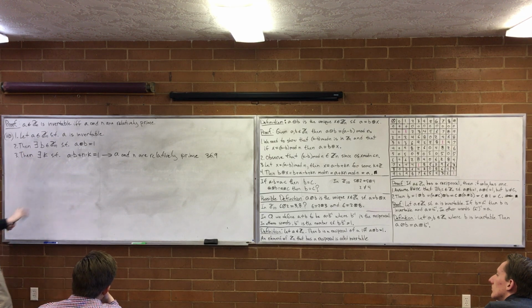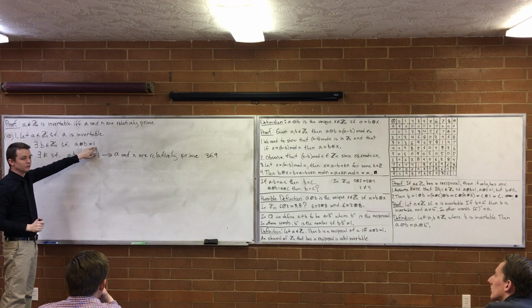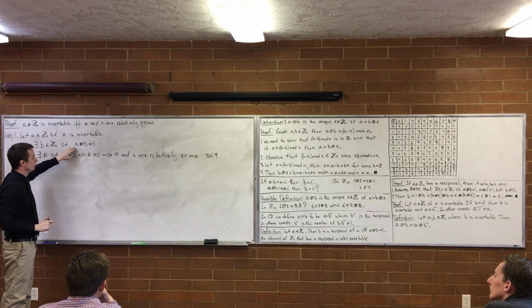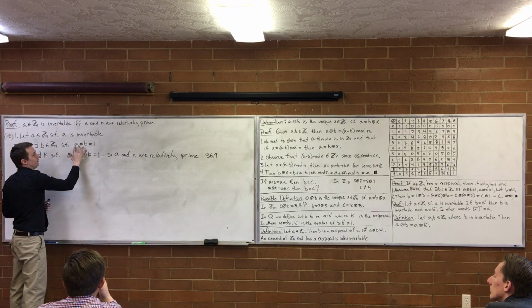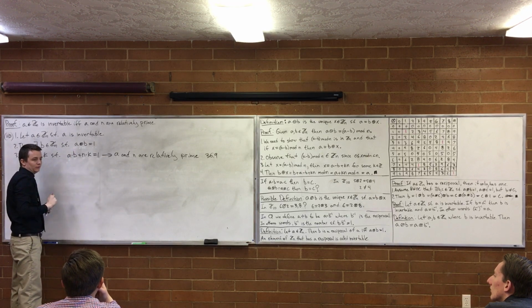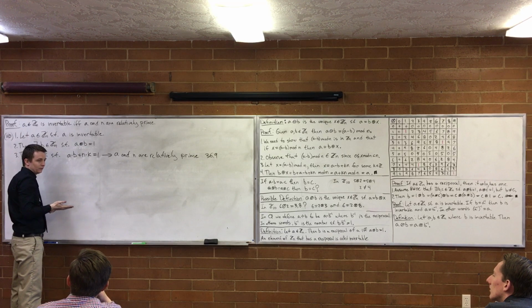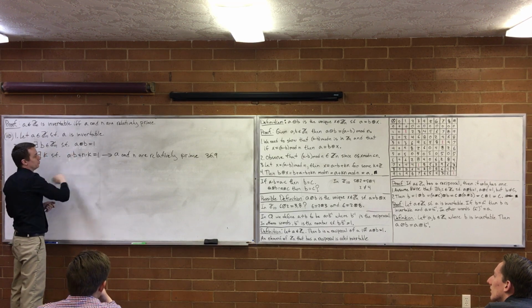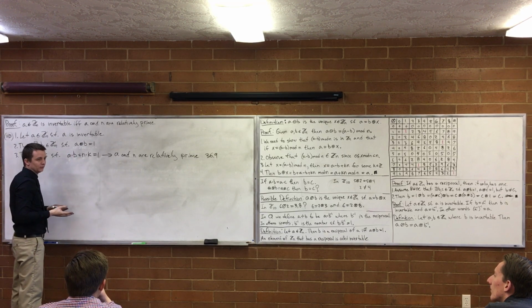But if that feels weird, never mind. A times B equals 1. So if A times B equals 1, then B is the inverse of A and A is the inverse of B. So they both have to be relatively prime with respect to n.